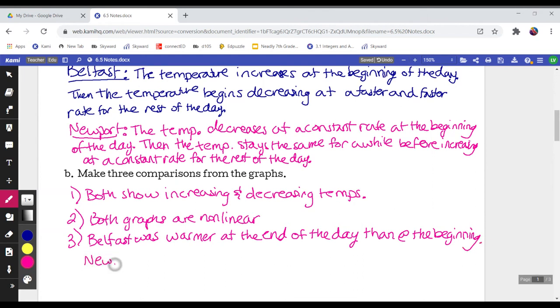And Newport was colder at the end of the day than at the beginning.